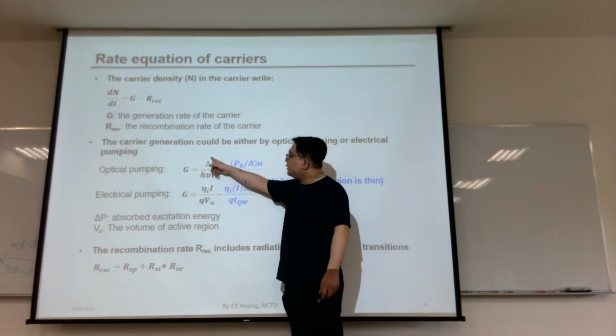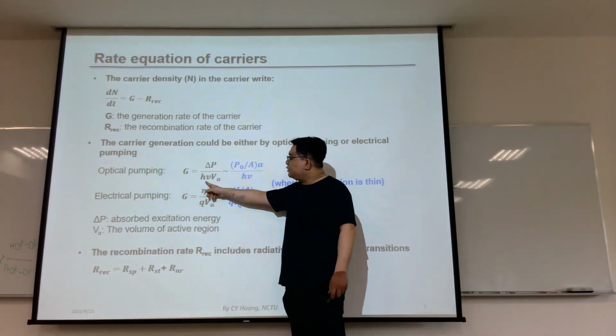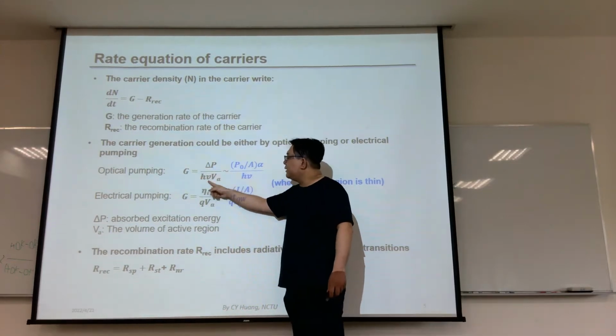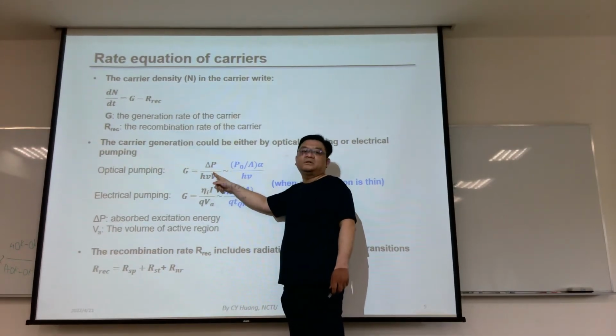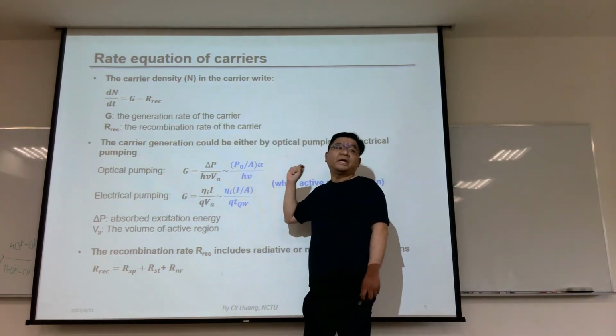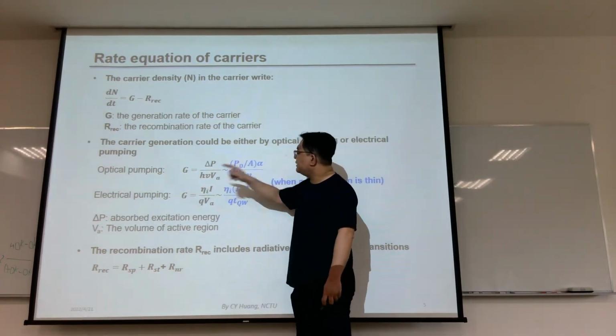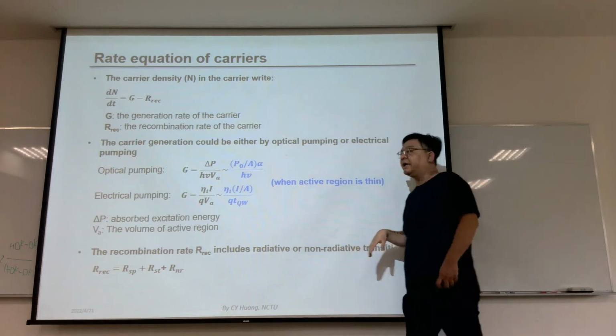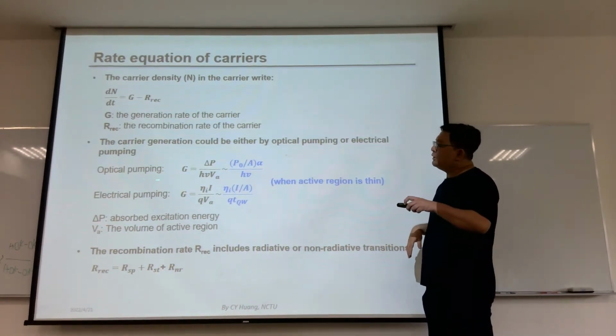So this is the total energy absorbed. The total number of photons absorbed is equal to the total carrier generated divided by VA. Okay, so this is the generation by optical pumping.